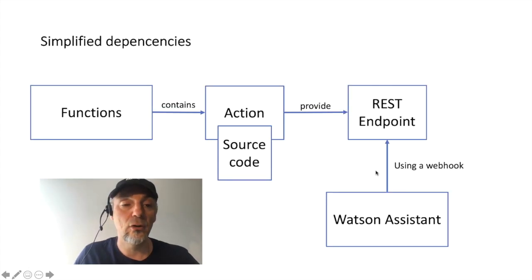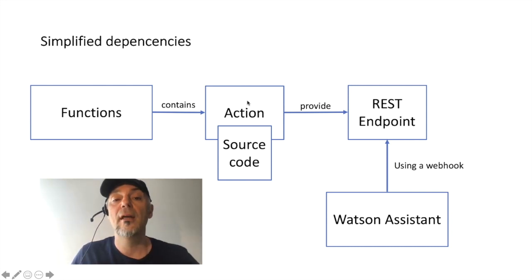Let us take a short look. We will use the functions available on IBM Cloud that contain the ability to create actions. These actions contain source code, and with these actions we can provide a REST endpoint, and this REST endpoint can be used by a webhook inside Watson Assistant.